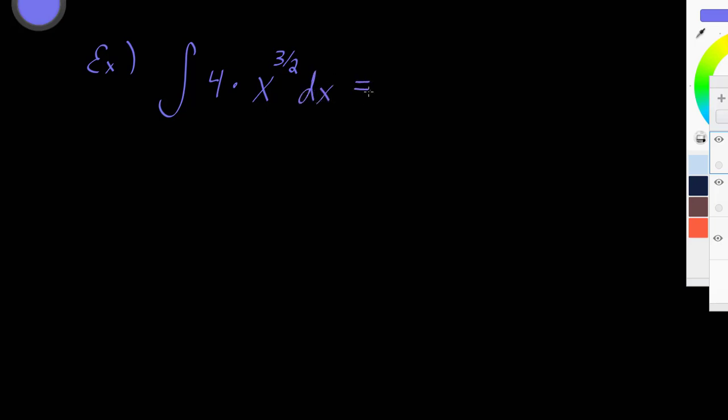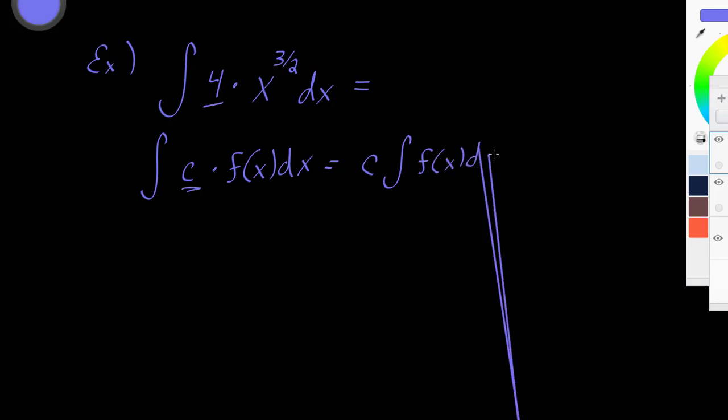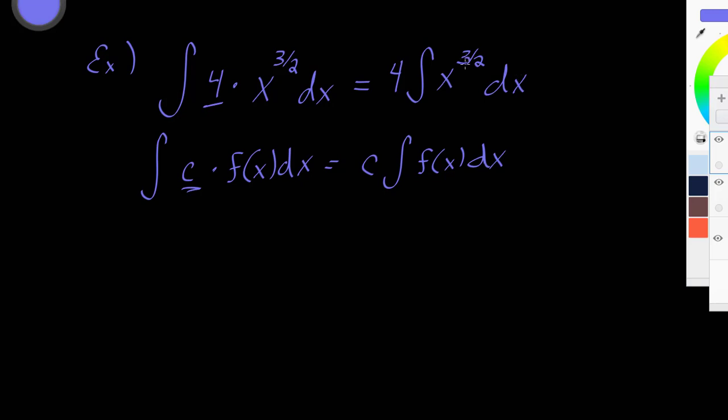All right, so by our derivative rules, what we can do with this constant out in front, because this looks like some constant times our function, is that we can take this constant and move it out in front and just worry about the antiderivative of the original function. So we can take that 4 and move it out in front and then just worry about taking the antiderivative of x to the 3 halves dx.